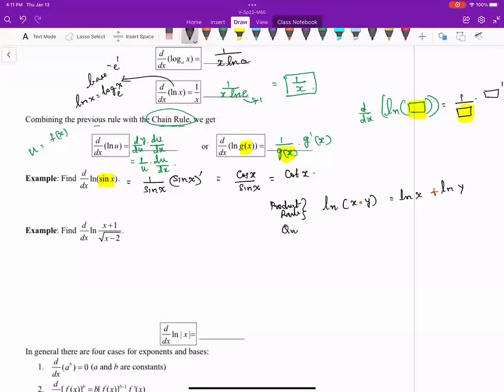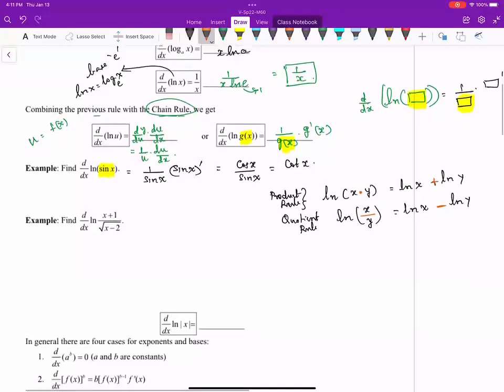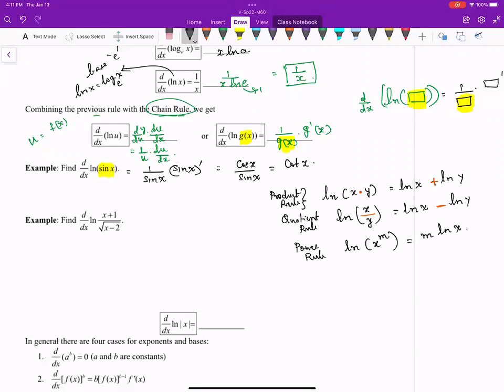Then the quotient rule for ln: ln of x divided by y is ln of the numerator minus ln of the denominator. They're connected by minus. And then there is the power rule for ln: ln of x to the power m, you can bring the m in front, m times ln of x. We'll be using these three properties quite often.